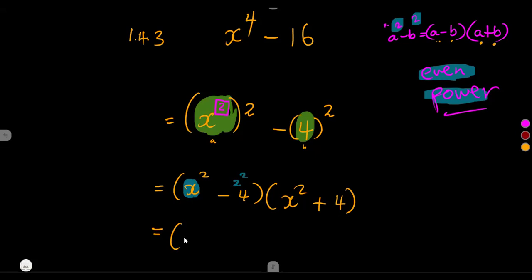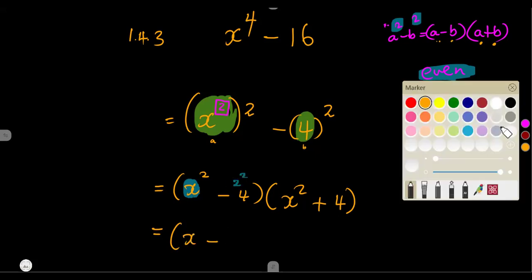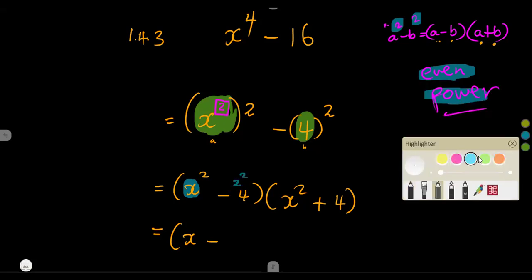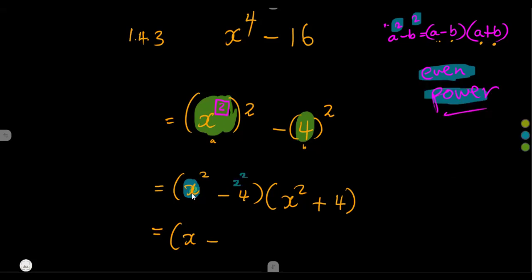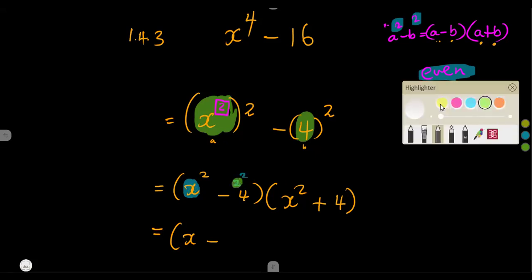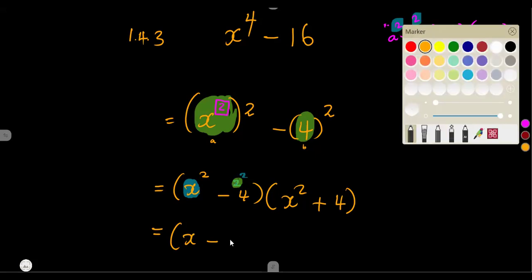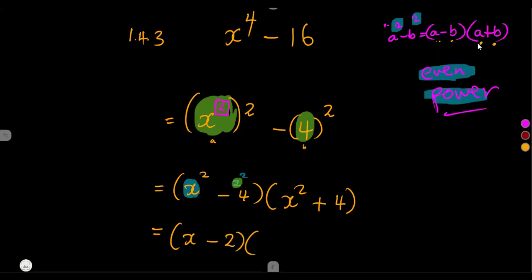What is our a? That is our x, minus our b, which is 2. We are referring to the part that is raised to the exponent of 2: here the x, and here the 2. So it was going to be x minus 2 into a plus b, which is x plus 2.